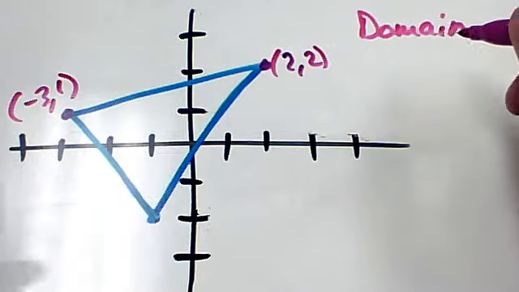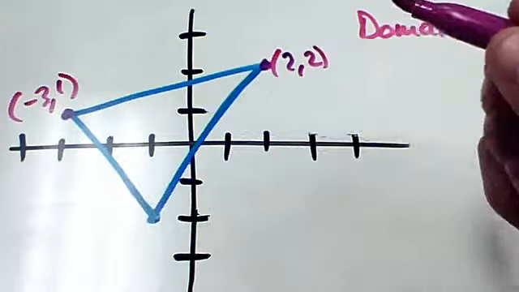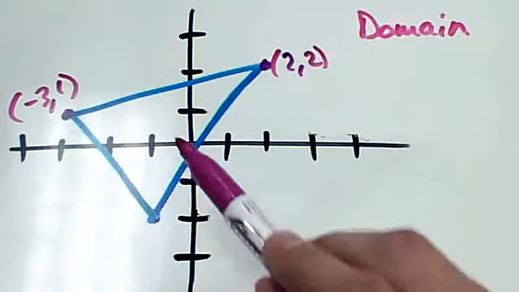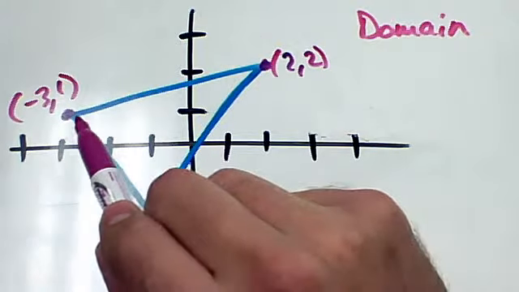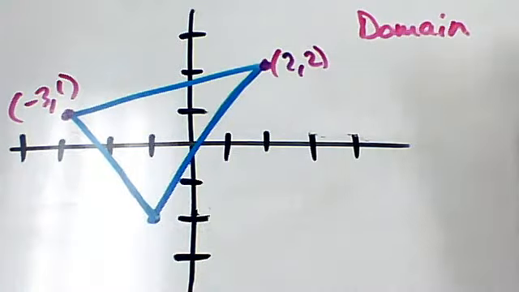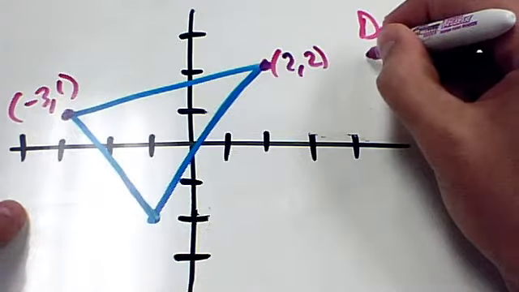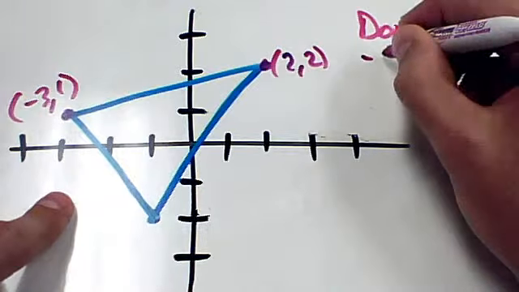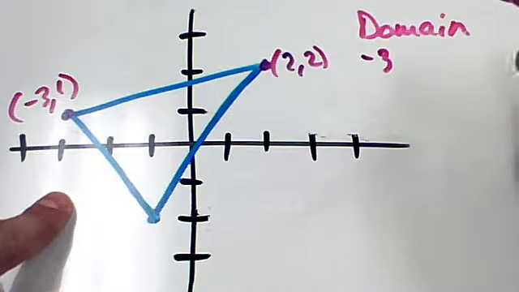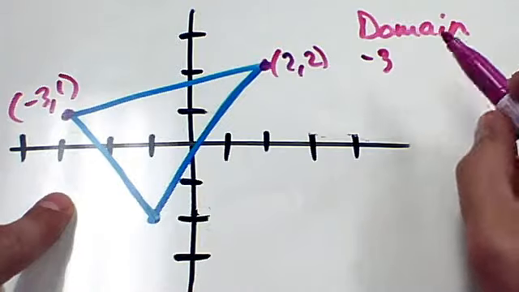In the last video, we talked about our domain being our inputs, and that was the same thing as all of our x values. Now, if you check out this graph right here, it's continuous. There is no point in it where it's gapped. So we would say that the domain is all input values from -3 to 2, and you could actually write this in different ways.